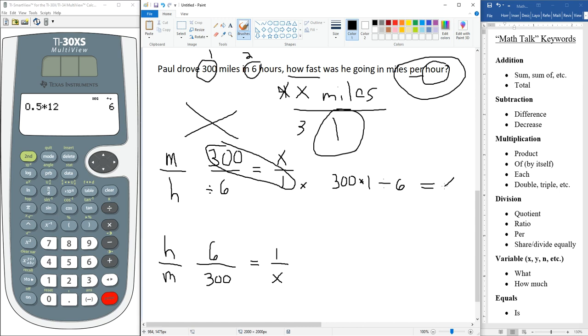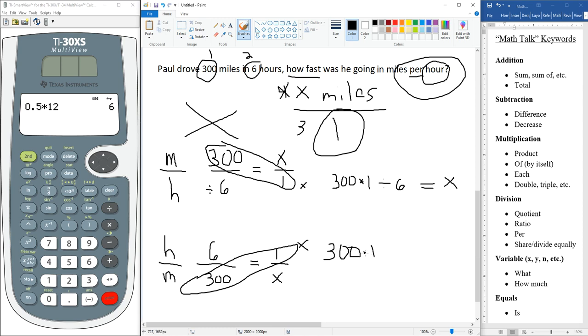Okay. Now let's go down here. Same thing. We're going to go in an x pattern again. It's cross multiplication, cross like a railroad crossing sign, like an X. So 300 is across from 1 in an X pattern. That's our multiplication. So again, we have 300 times 1.